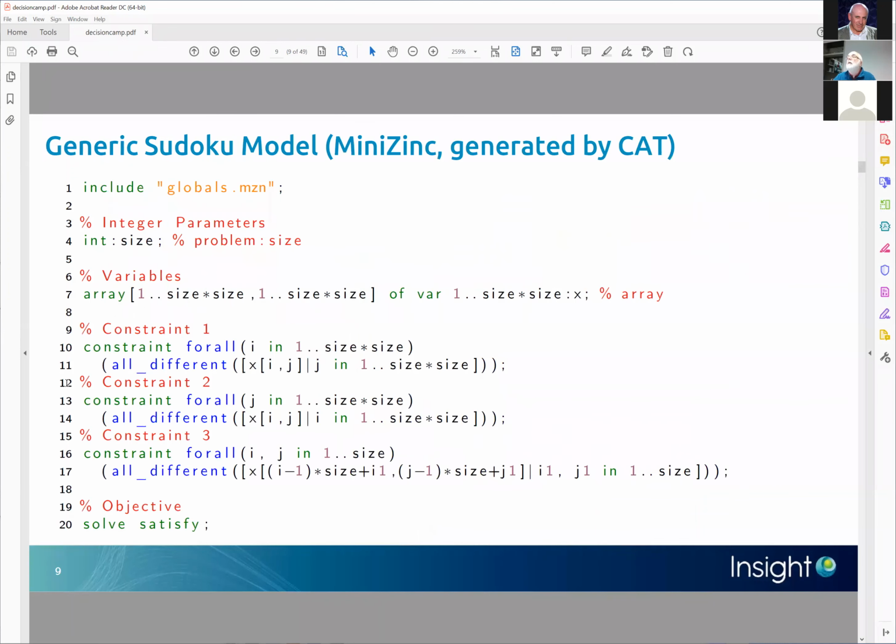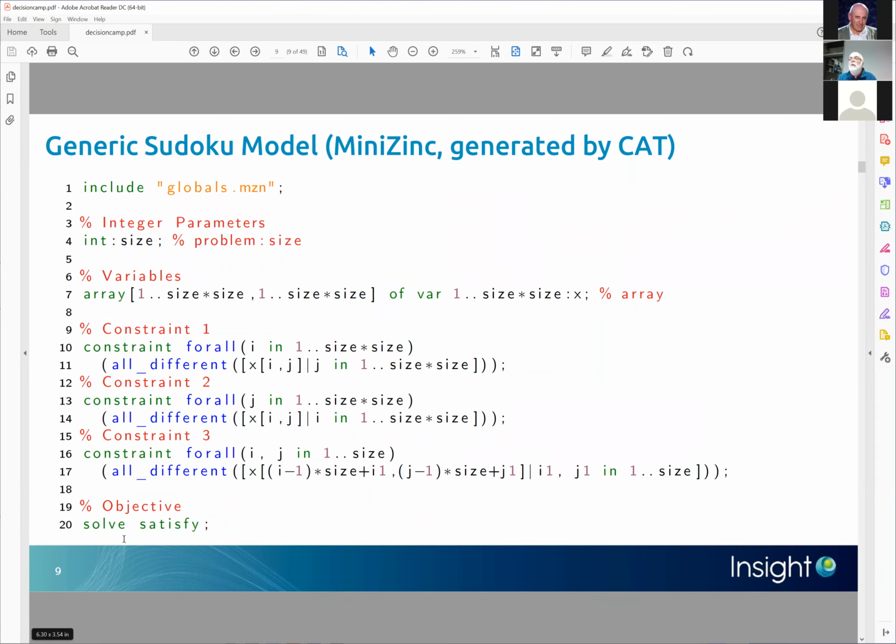Okay. And if you actually look at the model that is generated in this case, this is in a language called MiniZinc. This is from Australia, from Melbourne. And this program here is generated by CAP, by my system, and it basically has some input definition, and then it defines a matrix of variables which have a certain domain, a certain range of possible values, and then it has a set of constraints, one for each row, one for each column, one for each block.